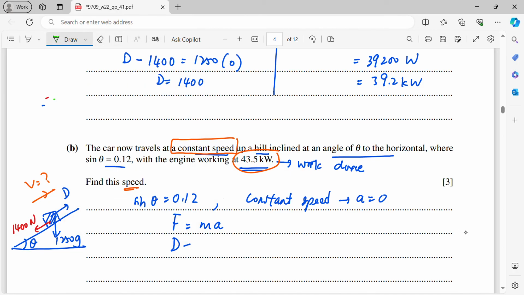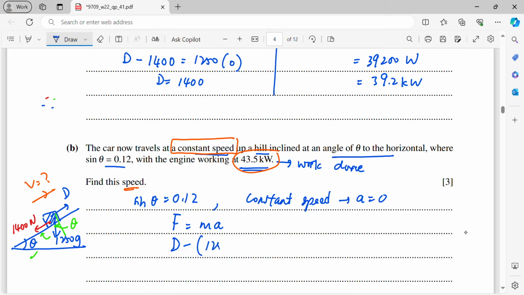First of all, given this angle, I know that here is going to be theta. Now I need to resolve this 1250 g along the plane. Along the plane, it is in the same direction as the resistance force. Since the resistance force and the resolved weight are in the opposite direction of D, I have to minus both forces.